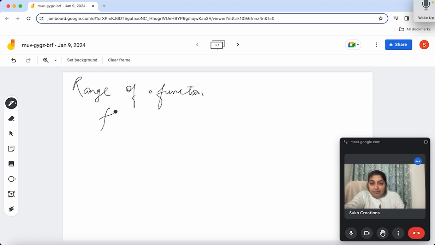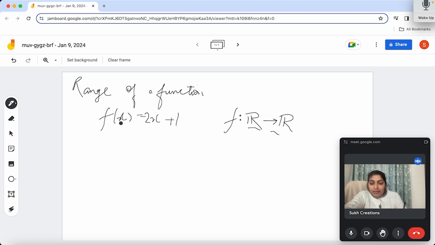Let's take an example like f(x) = x + 1. Our function can be defined over the real numbers as the domain and the real numbers as the range. It can operate on any real number and it will produce another real number.